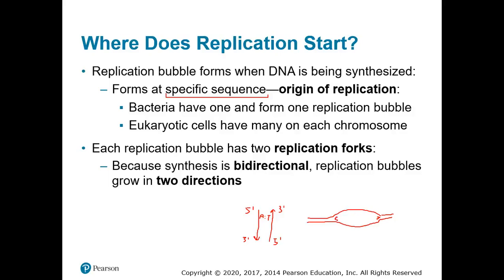It's just the region where those bases are still held together, but we're pulling them apart. So as this bubble gets bigger and bigger, those replication forks are going to proceed bidirectionally. One's going to go this way and one's going to go that way. They're going to grow in two directions.